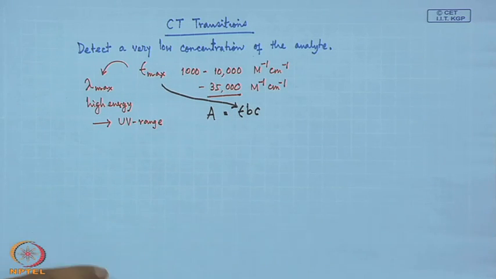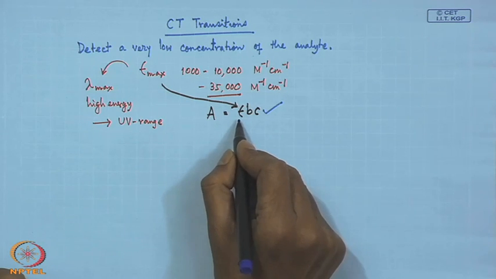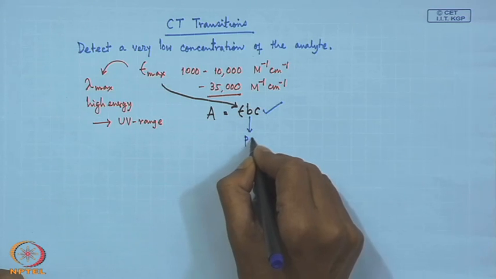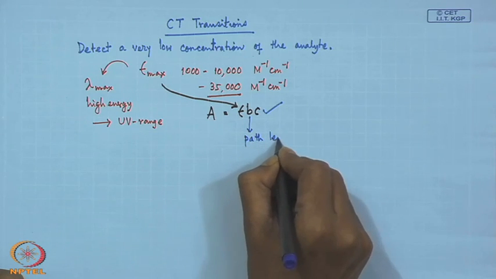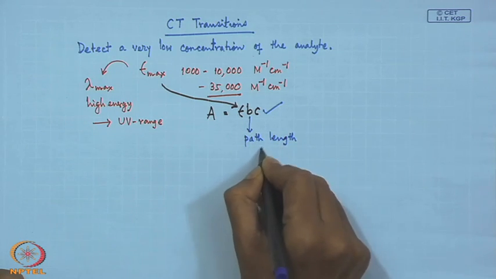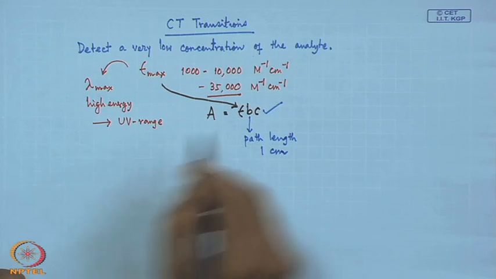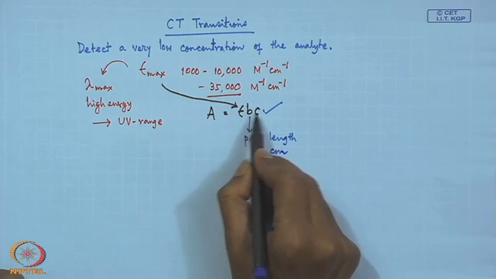So, if the epsilon value is pretty high, we can detect a very low concentration, because the concentration can be very small if the epsilon value is very high, and b is the path length for the cell, which is typically 1 centimeter. So there will be some balance between epsilon and c.